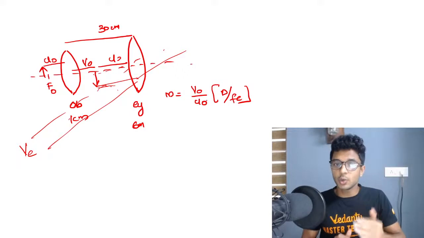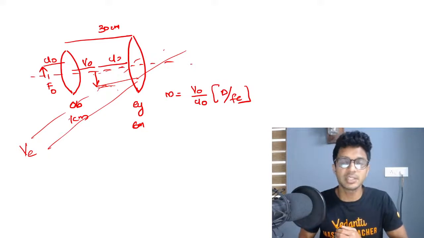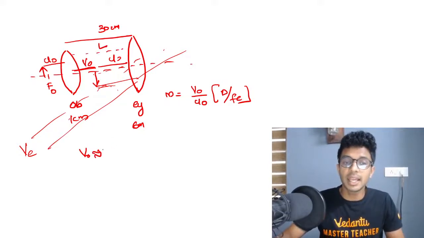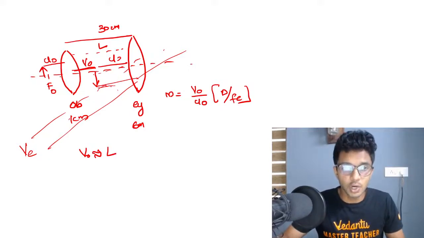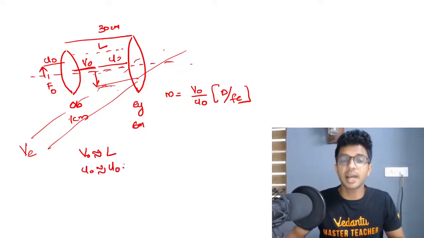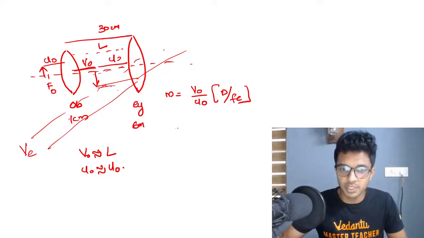Now here you only have a focal length, and you don't know what V naught and U naught are. So in this case, where the final image is formed at infinity, in the NCERT book also you will see that a small approximation is done, where V naught is almost considered equivalent to the length of this microscope, and U naught, as it is kept close to the focal length of the objective, is almost considered to have the value of the focal length of the objective.